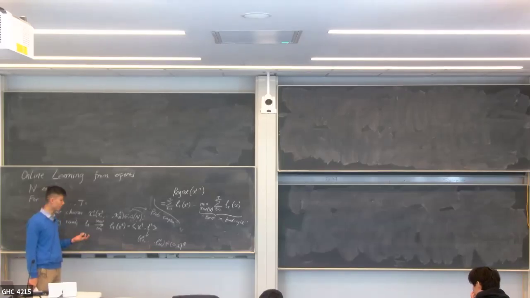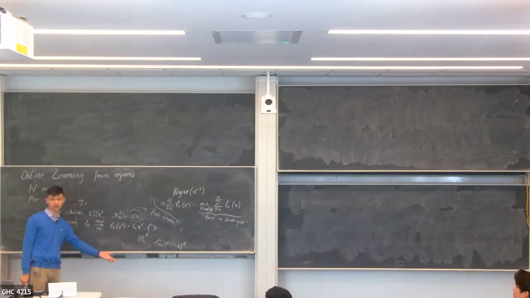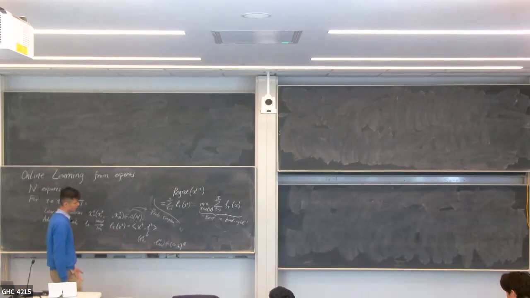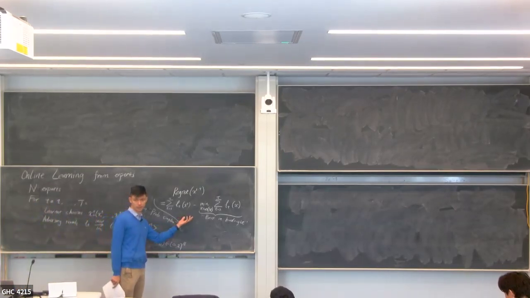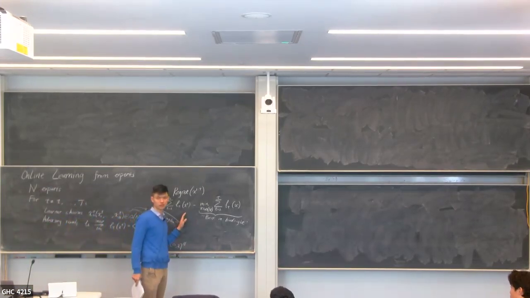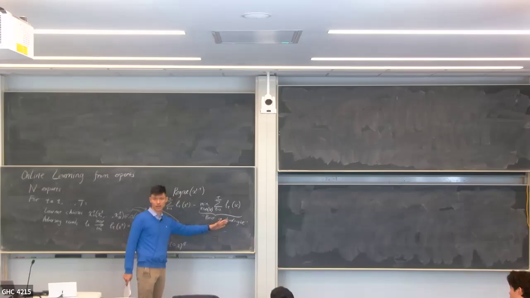The adversary can be picking these losses completely arbitrarily just to screw up the algorithm. But if you look at the objective of ensuring the regret is small, there are, however, interesting and simple algorithms that make sure this is not too big. This is a sum of T terms, T differences of losses, so it could, in principle, grow as large as T. But we have shown algorithms that grow more slowly.